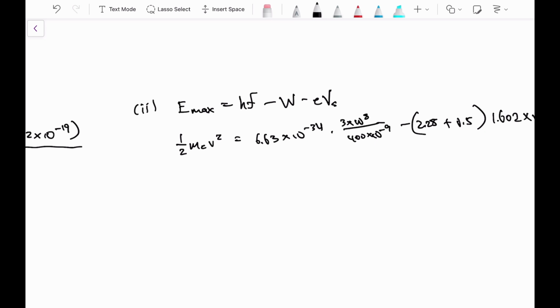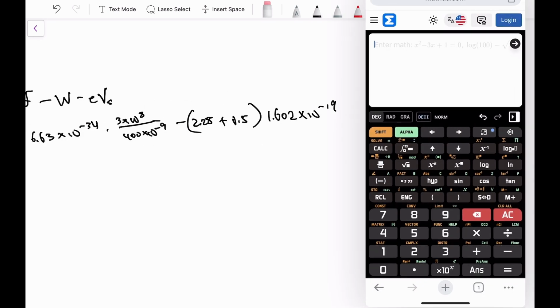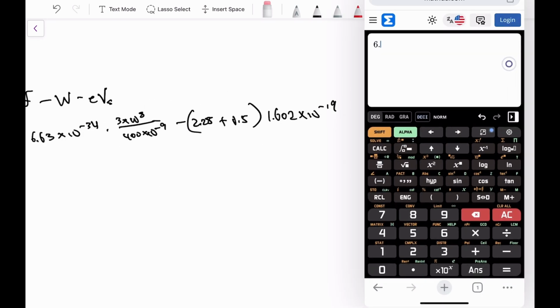And then, let's see, v squared will be equal to, so over here we have Planck's constant times c divided by the wavelength, and then minus plus 0.5 times the elemental charge.